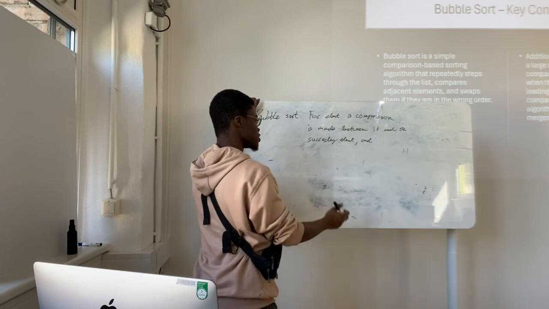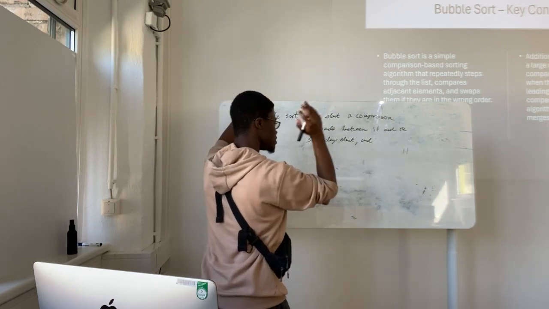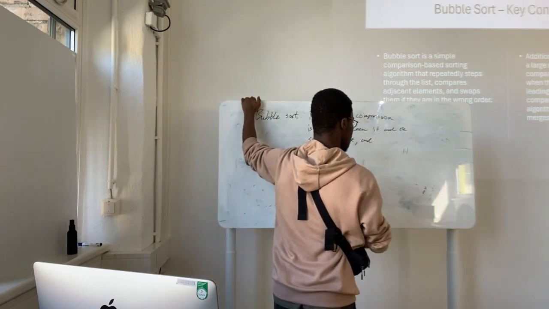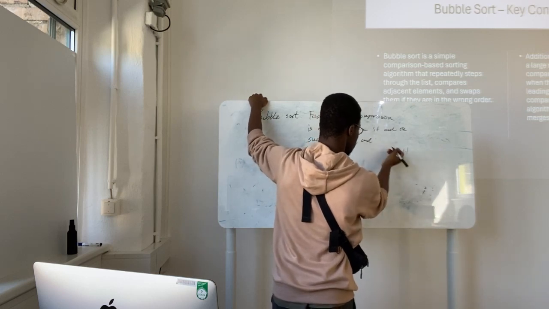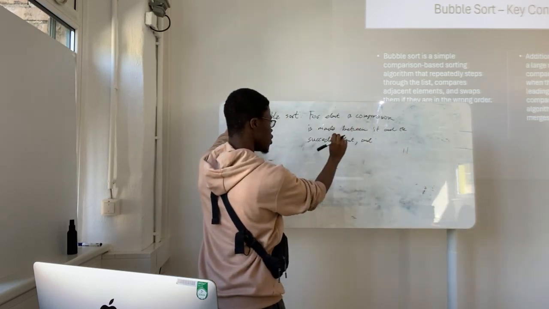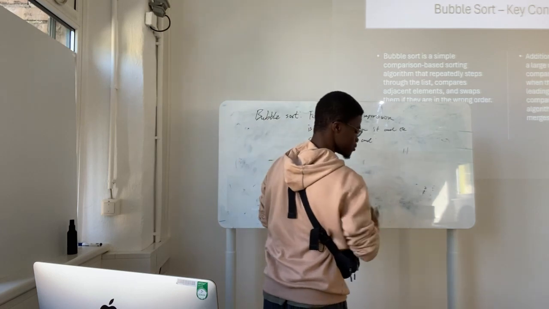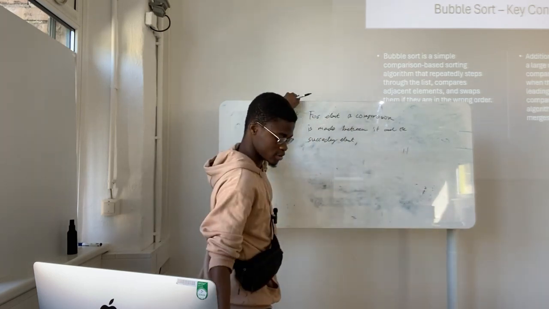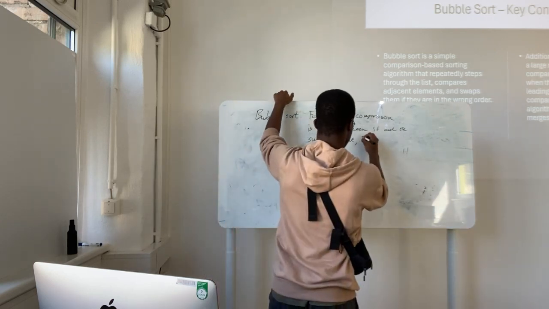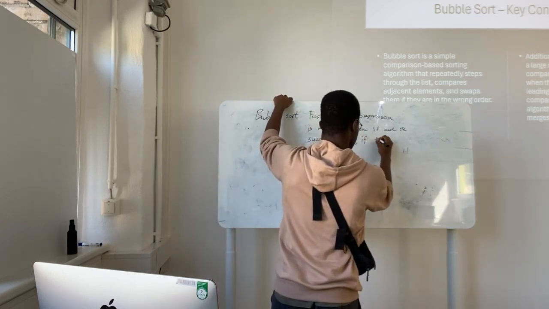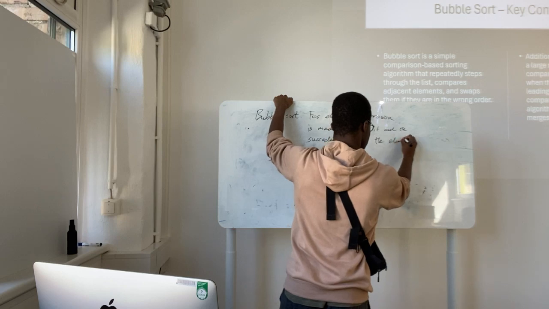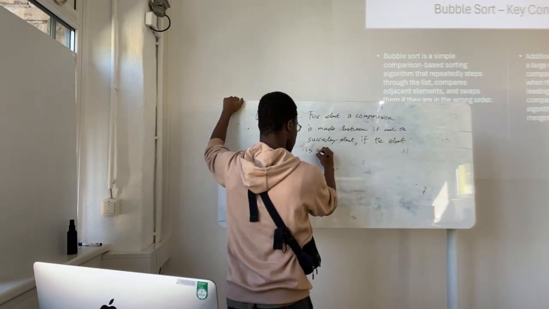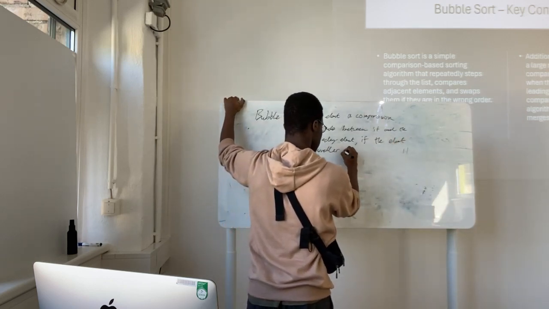If you're trying to get an ascending ordered data set, the lesser of the two would be swapped forward. So if the element is smaller, it gets swapped.